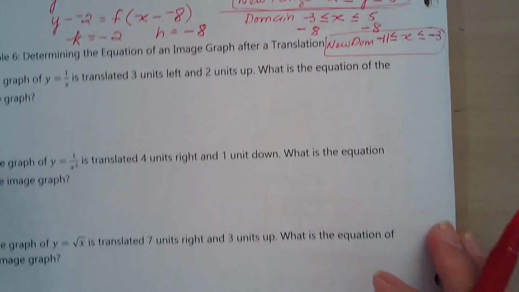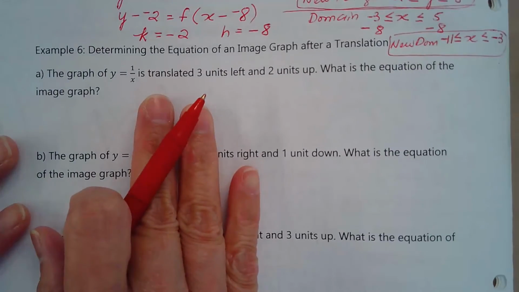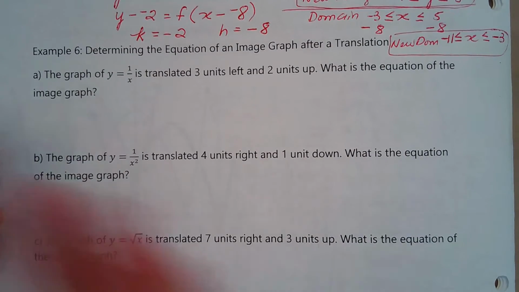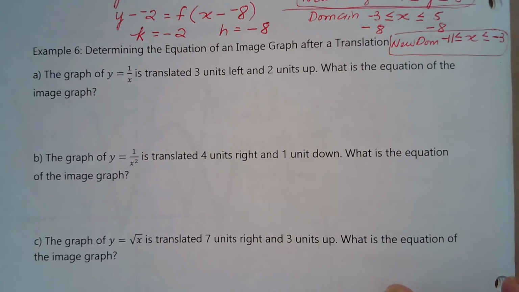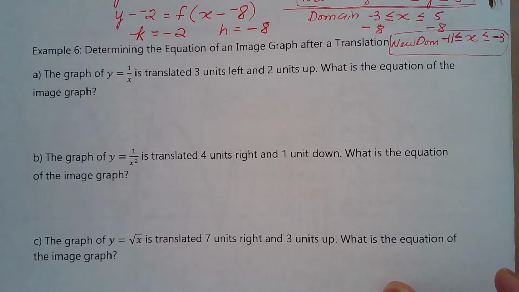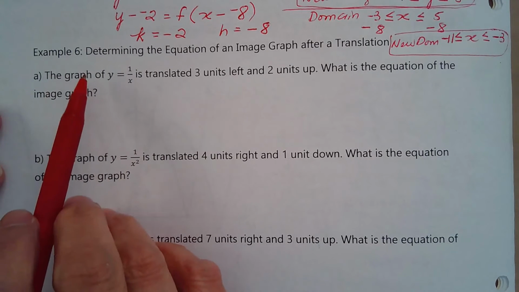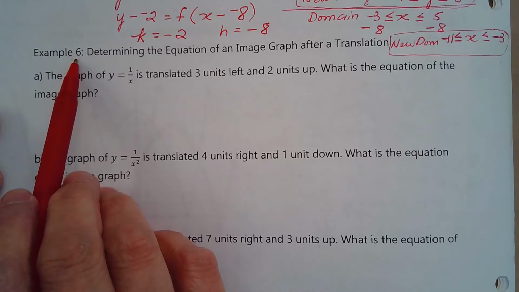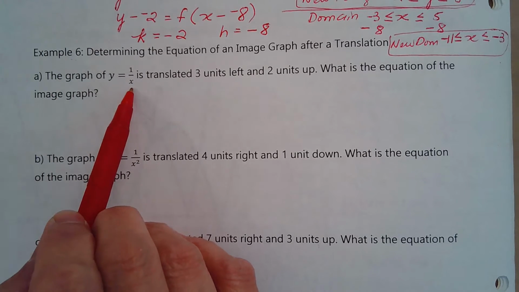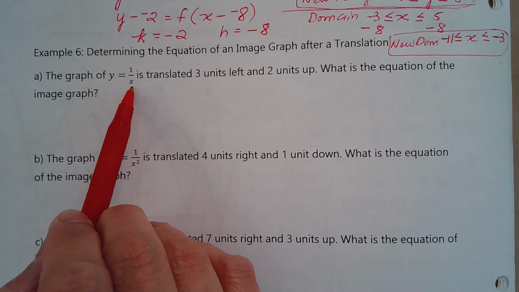Okay, now this is number 6. In previous examples, we called the function f of x. The previous functions that we had, we called f of x, g of x, so we don't know a specific function in there. But in example 6, we have a specific example.